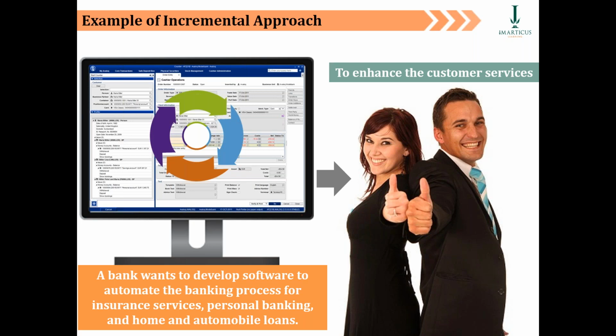So, in order to do an incremental approach, what we will do is divide this total scope into individual modules. First, we will do the requirements, development, testing only for personal banking products. After that, we will go only for home loans.